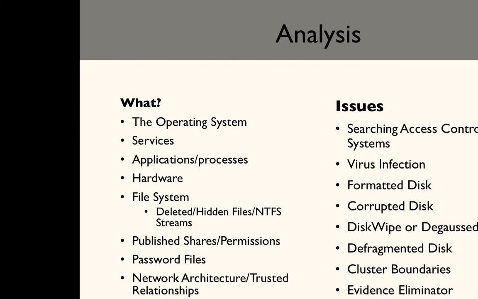Are there deleted files, hidden files, or other evidence could be hidden there, and what kind of permission was set in the system? Is there password files on the system? What is the network architecture of those computers or networked groups of computers?